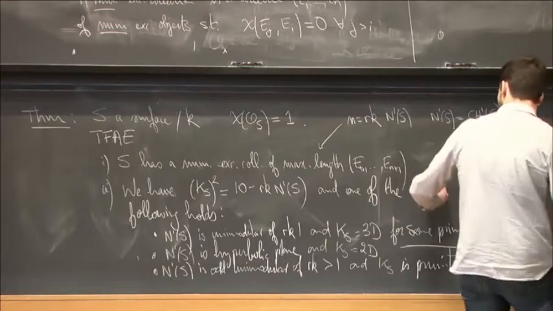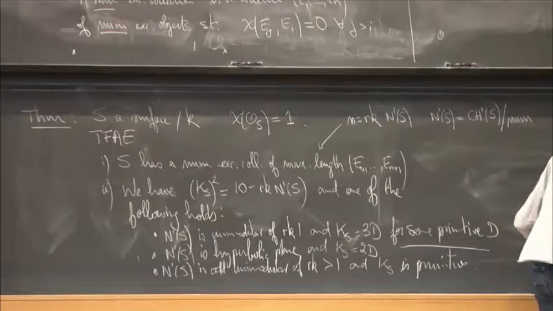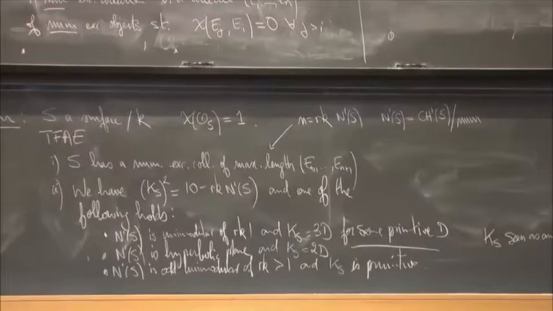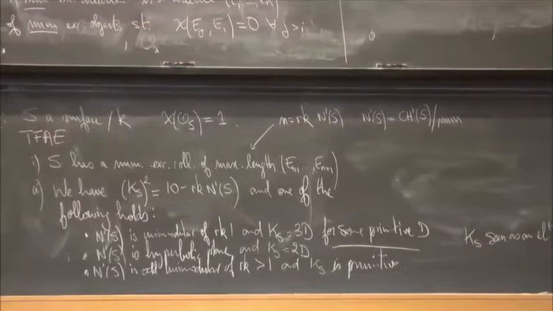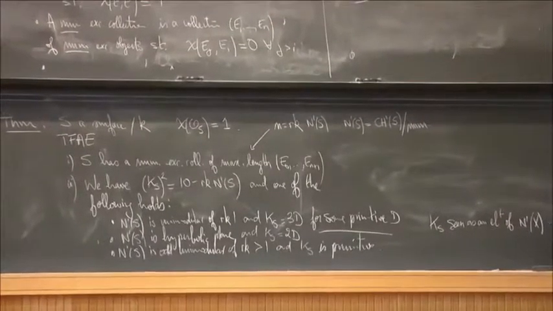Thank you. So there are 2 types of consequences. The first one is sort of arithmetic.